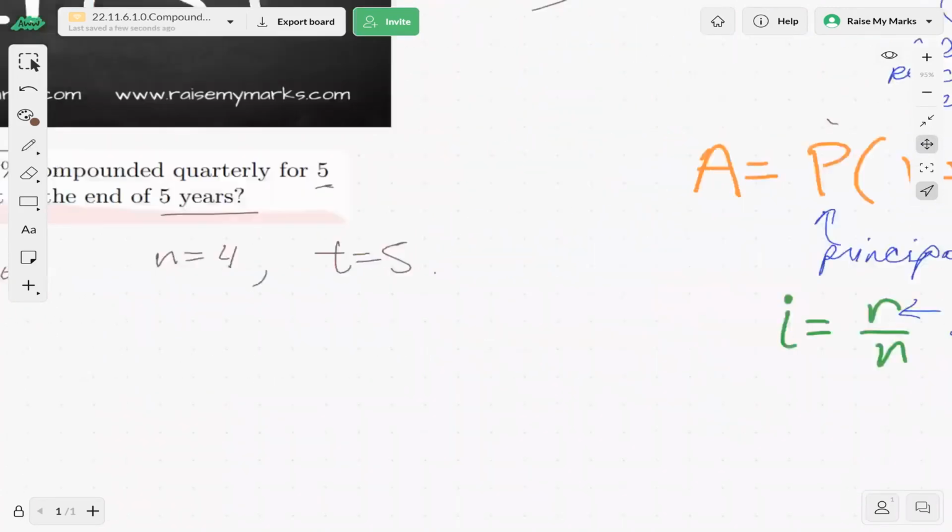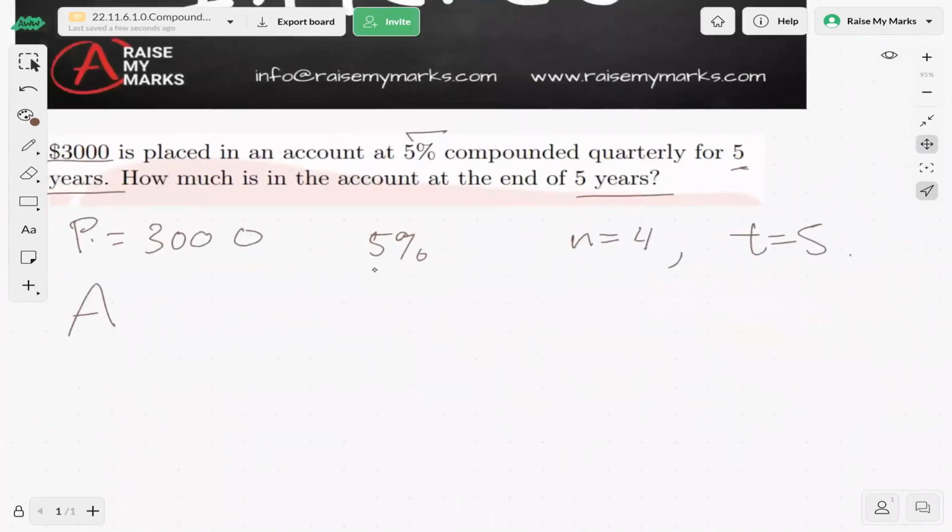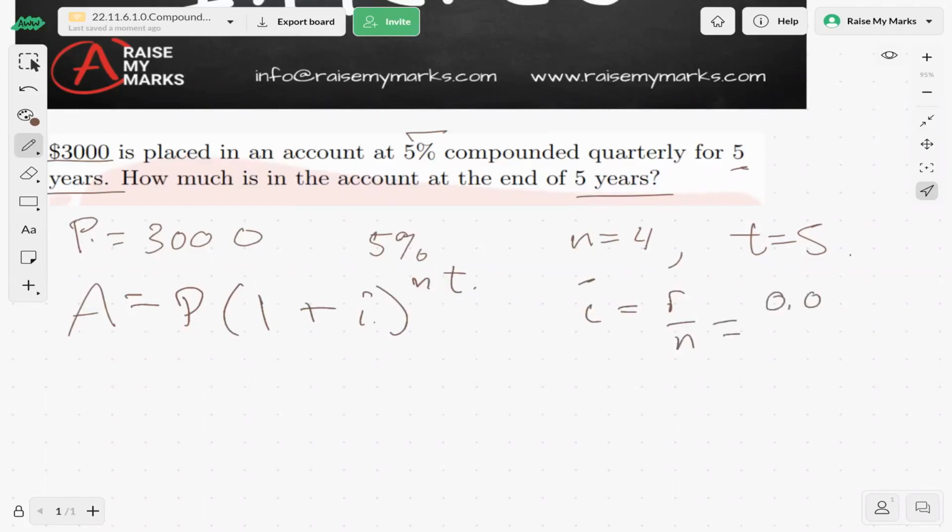Let's write that formula out. A equals the present value times (1 plus I) raised to the power NT. Now let's figure out what I is. I equals our interest rate over our compounding period, so 0.05 over 4.